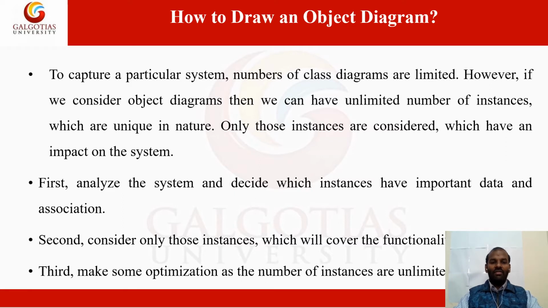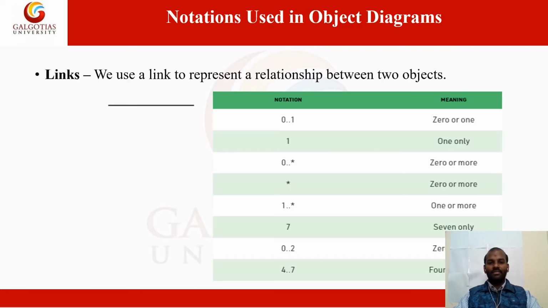First of all, we have to analyze the system and decide which instances have important data and associations. Second, consider those instances which will cover the whole functionality of the particular problem. And third, make some optimization, as the number of instances can be created unlimitedly, right? So this is the way the object diagram is represented in your UML diagram.